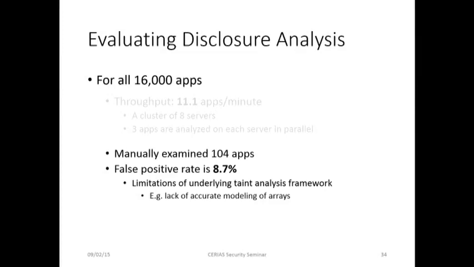In addition to the errors of identifying sensitive user inputs, the limitations of the underlying entity analysis framework are the major cause of the false positives. We do not count the false negatives of this part because we do not have an oracle of the apps, and it's not easy to track the data flows manually in the apps. So we only have the false positive rate here.